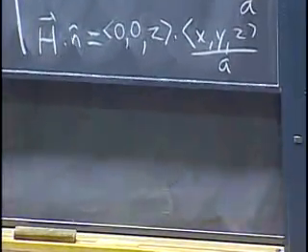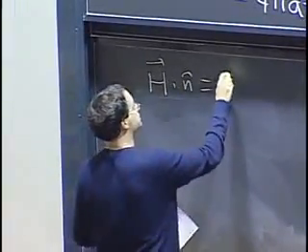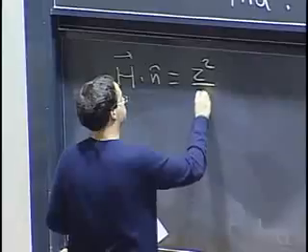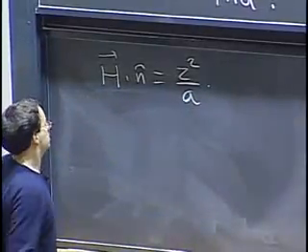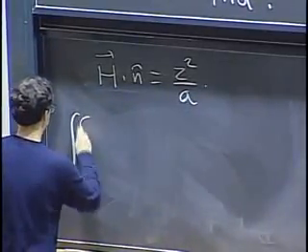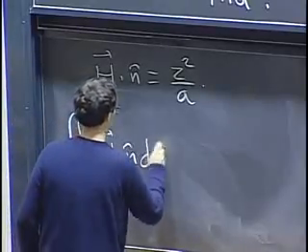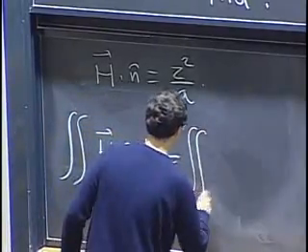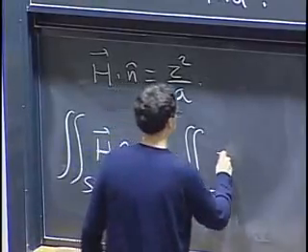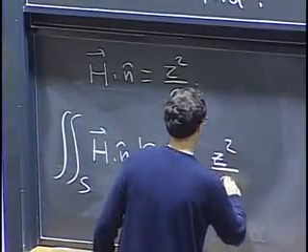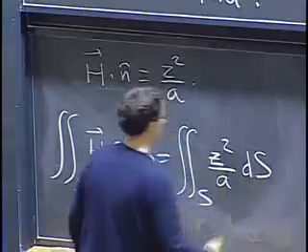So h dot n is z squared over a. So the double integral for flux now becomes the double integral on the sphere of z squared over a dS.